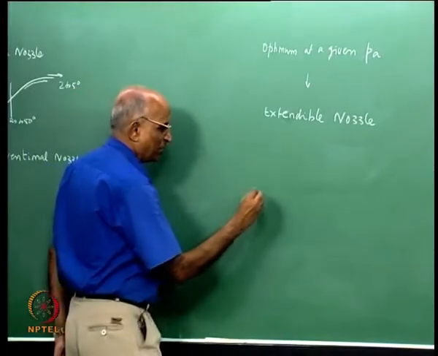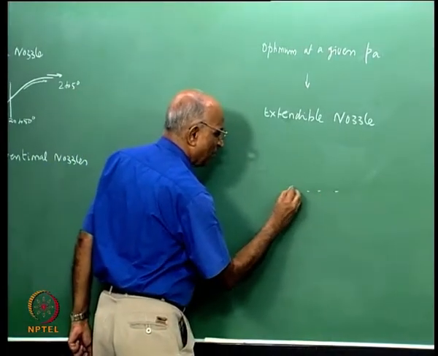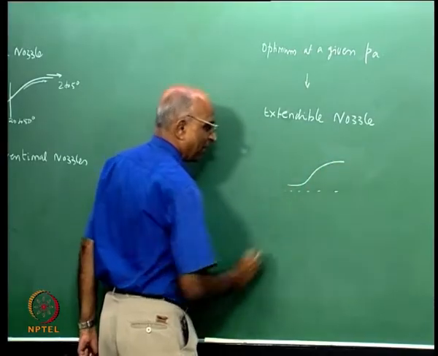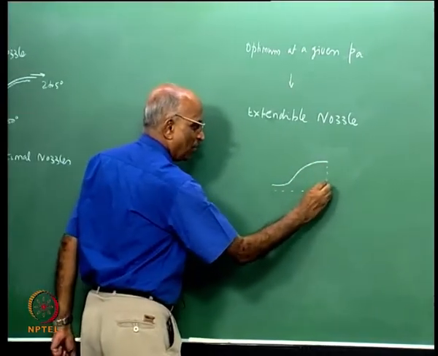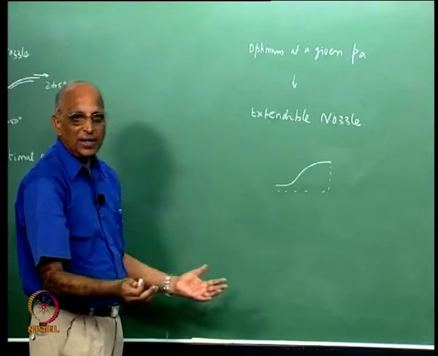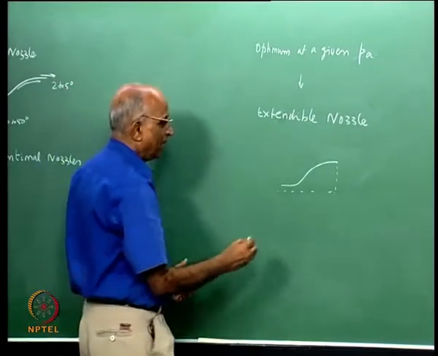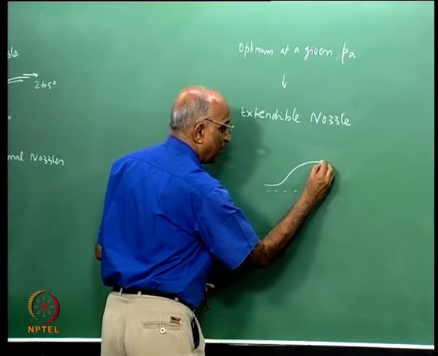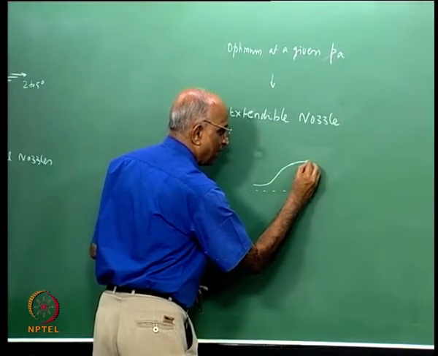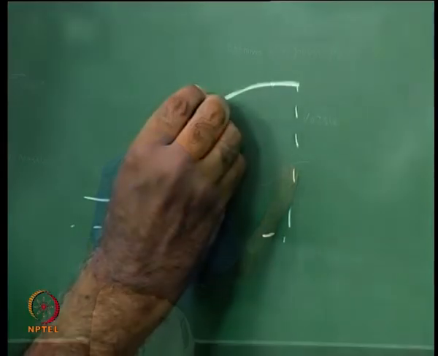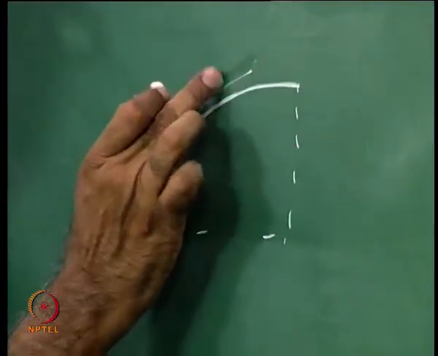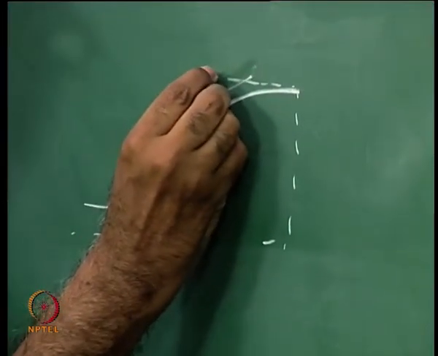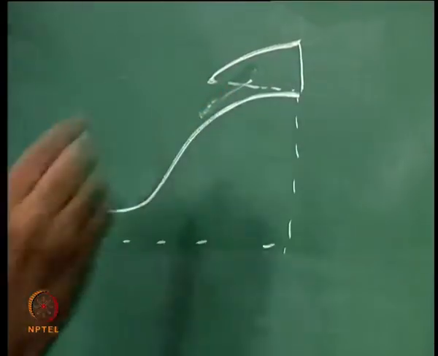Let me give you an example. Suppose I have a nozzle something like this, and this nozzle is operating at lower altitudes or higher pressures, and now I store, maybe I have to expand it out somewhere, again make it higher. Therefore, I initially store something like this, I bring it over here, I lock something over here.